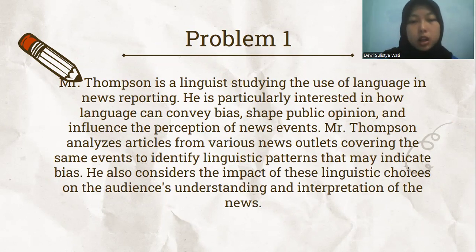Mr. Thompson analyzed articles from various news outlets covering the same events to identify linguistic patterns that might indicate bias. He also considers the impacts of these linguistic choices on the audience's understanding and interpretation of the news.